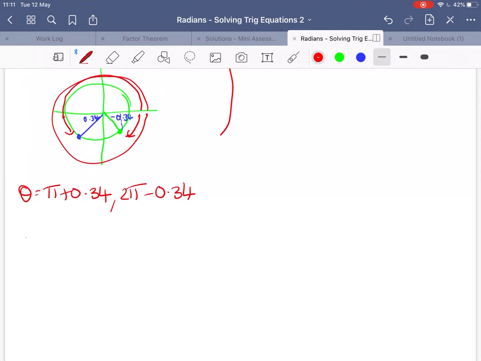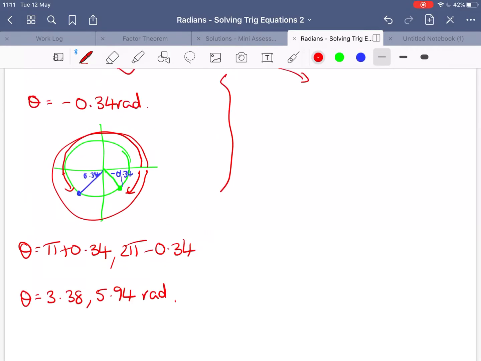So I'll put them in my calculator and I should get 3.38 and 5.94 radians. Okay, so they're the two solutions between 0 and 2 pi.